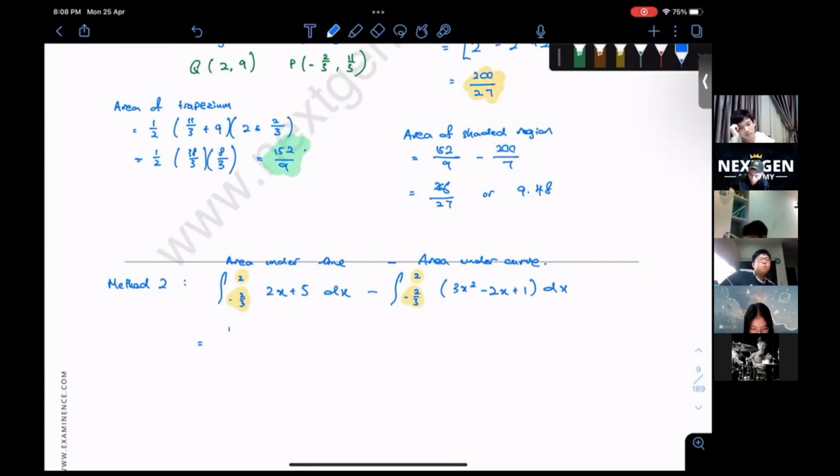So it will look like that: from -2/3 to 2 of 2x plus 5 minus 3x squared minus 2x plus 1 dx. Understand what I'm doing here? This doesn't apply for all equations. You can only do this if your x1 and x2 are the same.